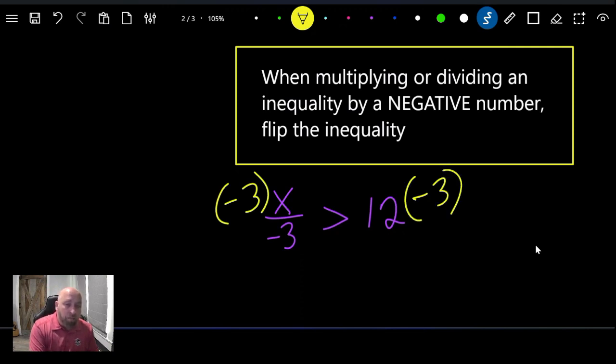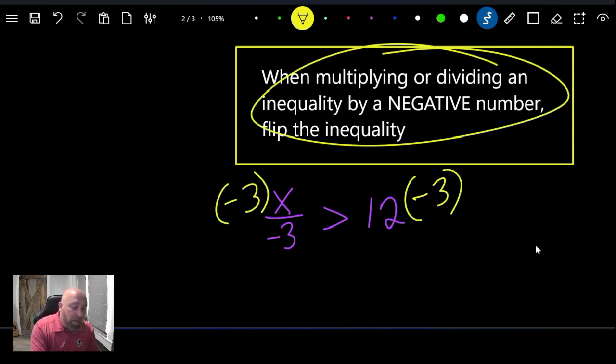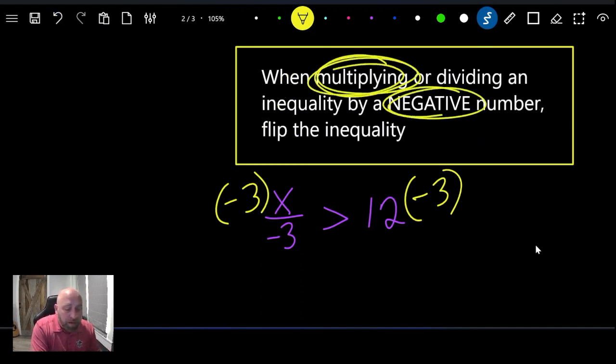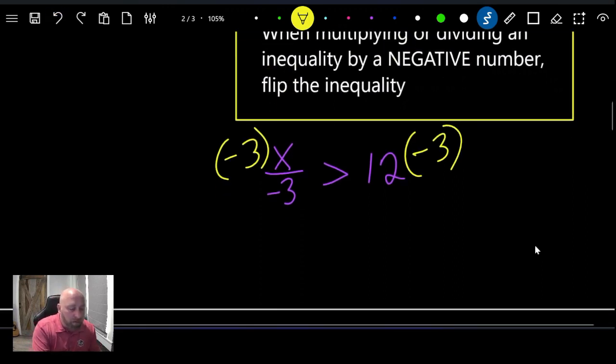Well, we have a problem immediately because now we have to come back up to this rule. Notice it says when we're multiplying by a negative number, we flip the inequality. Okay, so here's what we want to do. We'll go ahead and just cancel this out.